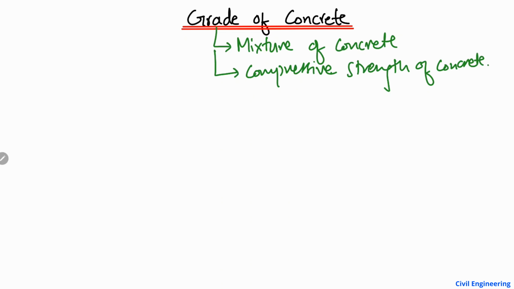Now I will show you. Grade of concrete is represented by M and some value. So I call it X. Now this M represents the mixture of concrete or the mix design.